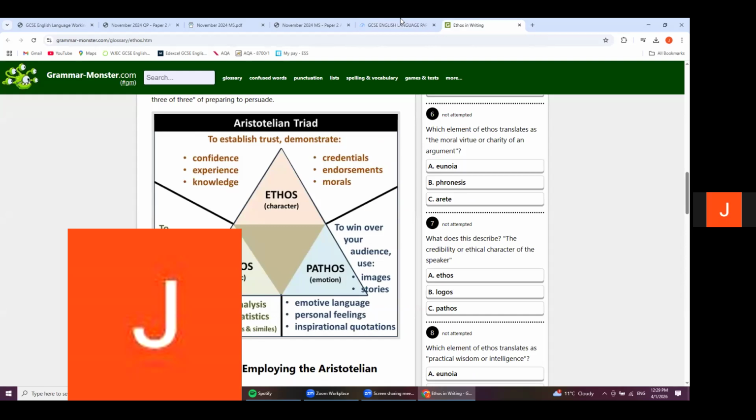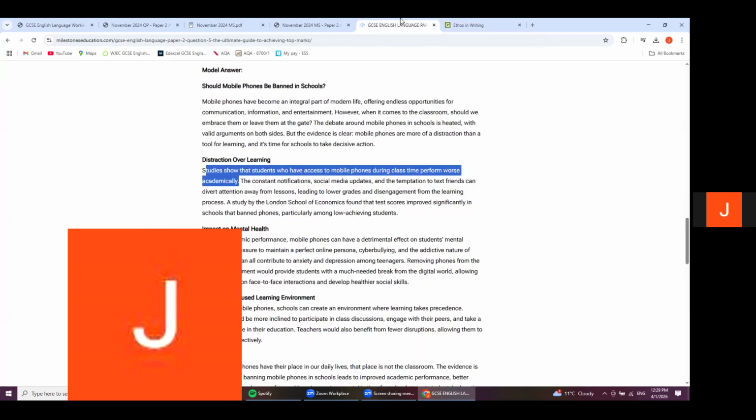You're treating this writing activity as if it was a real task. The constant notifications, social media updates, and the temptation to text friends can divert attention away from lessons, leading to lower grades and disengagement from the learning process. So that's a really logical statement which we can all relate to. It's like an analogy everyone can understand.